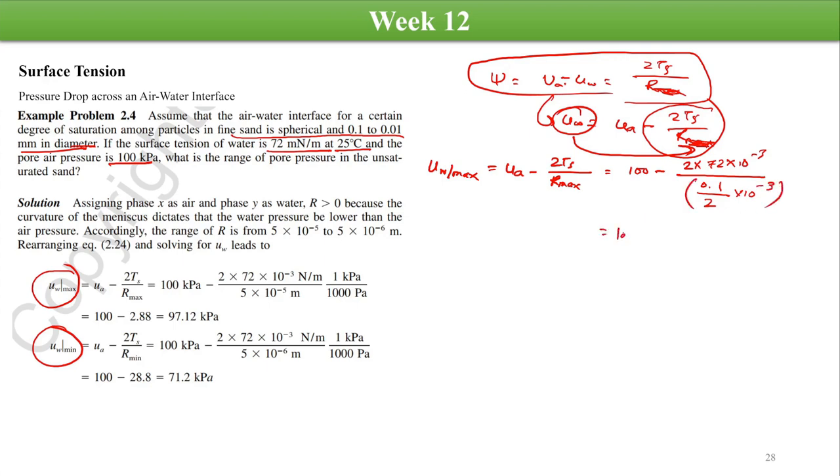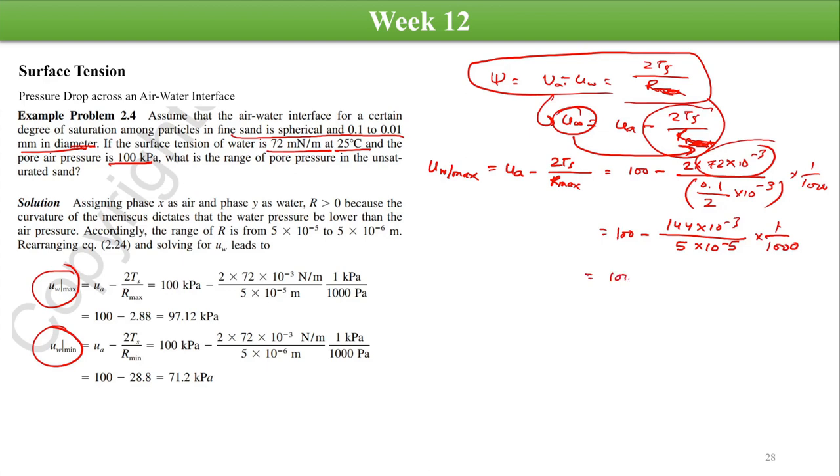So if you calculate it, it will be 100 minus, let's calculate this one. People try to calculate also. 144 into 10 to the power minus 3 divided by 5 multiplied by 10 to the power minus 5. Also, as we are doing everything in kPa, we will divide it by 1000 to convert it, because this one is in Newton.